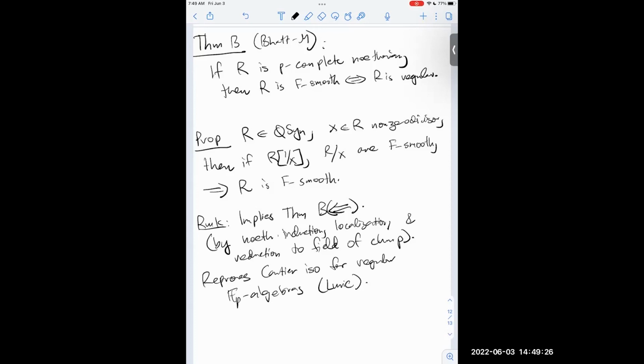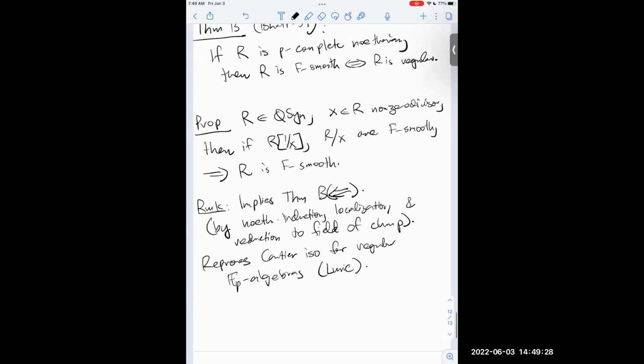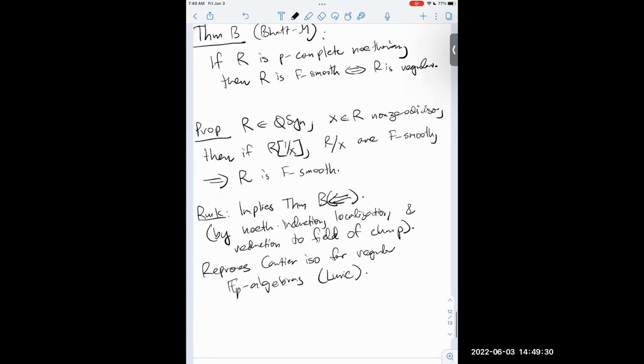Okay, so let me say something about the proof of the proposition. This condition of F-smoothness is in particular some sort of Tor amplitude condition, and in general, you can check these Tor amplitude conditions by first inverting an element, a non-zero divisor, or modding out by the element.